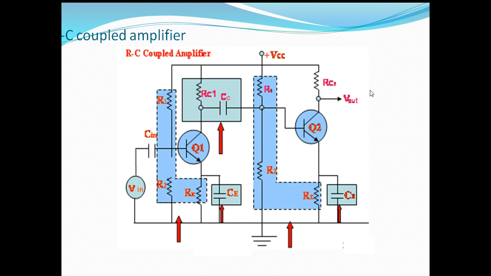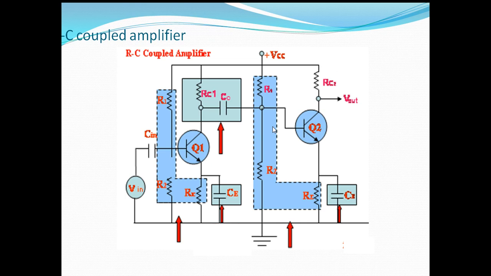Okay, in this also the same network: R1 and R2 provide the biasing to the transistor, RE provides the stabilization, CE provides the low reactance path, and RC is used to measure the output voltage. Okay, this is a two-stage RC coupled amplifier.